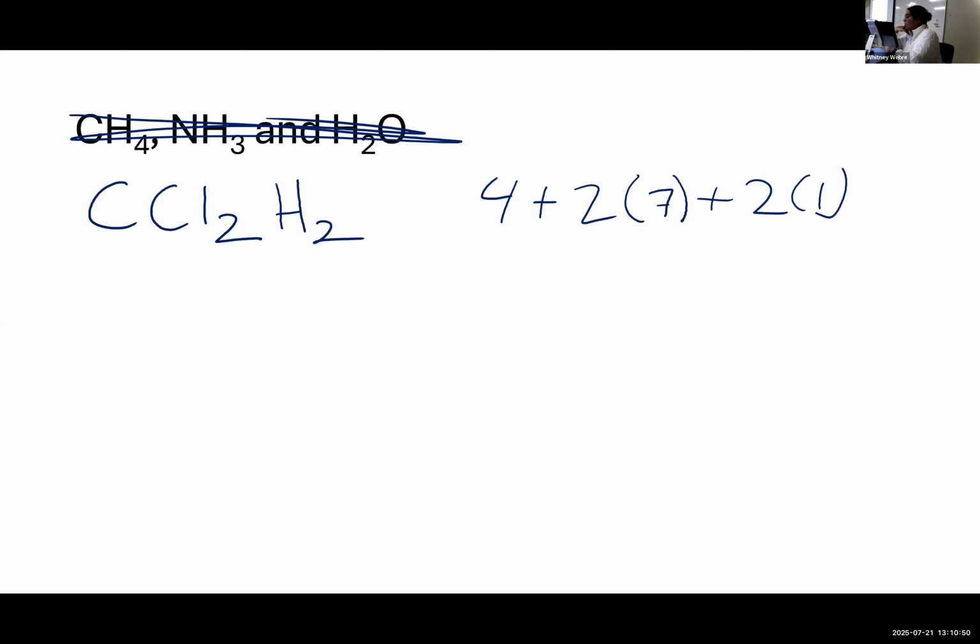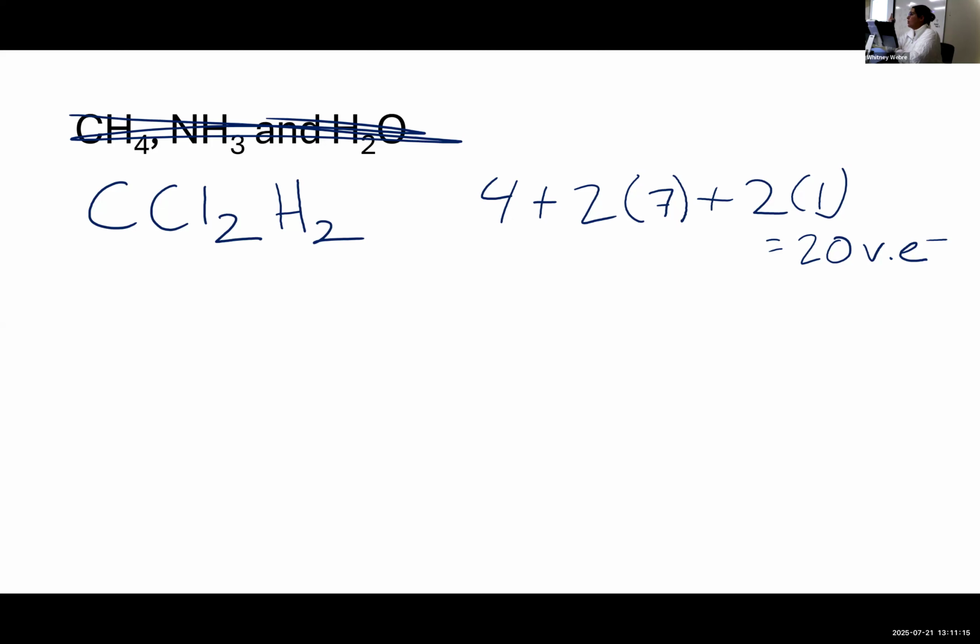Four plus 14 is 18, plus 2 is 20. Next step. What's the central atom? Carbon.